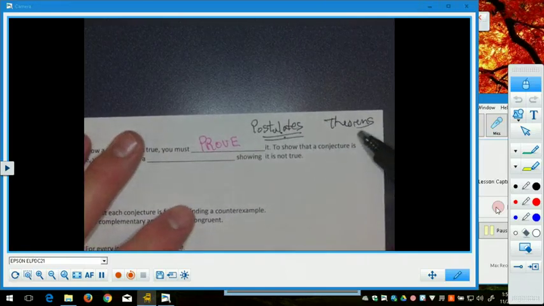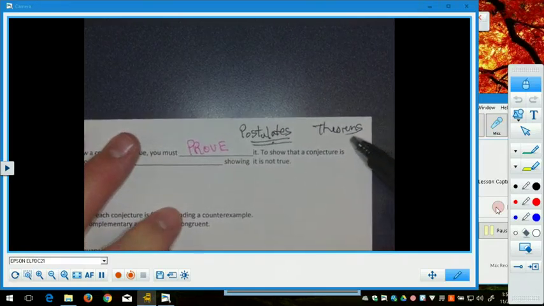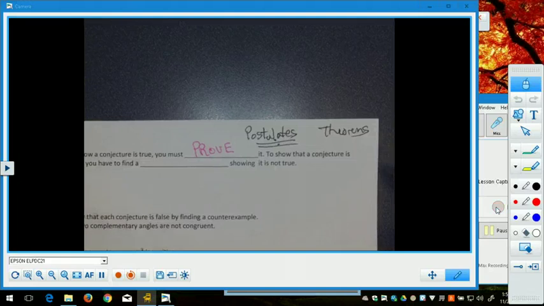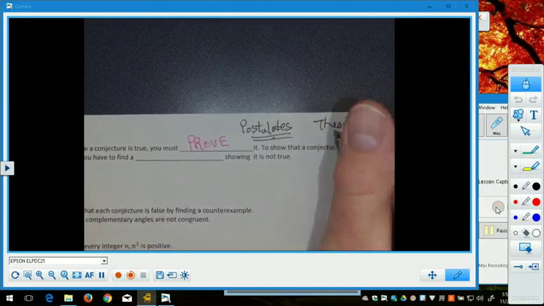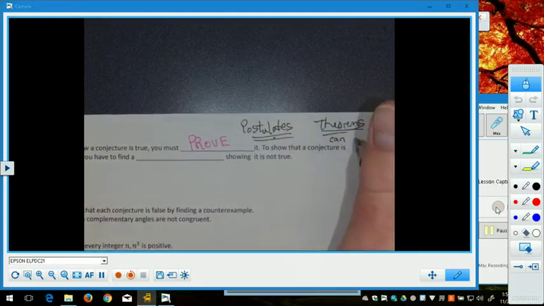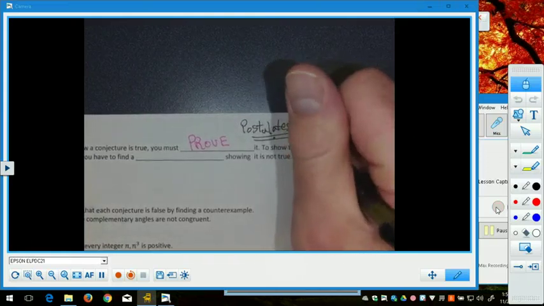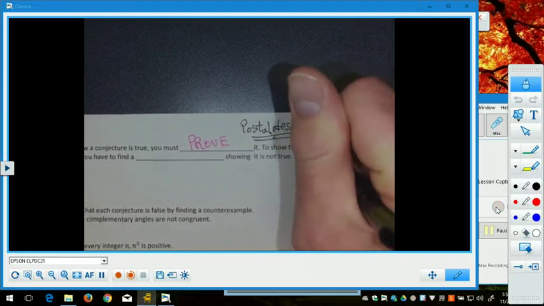If it was something he could prove, it was called a theorem because he could prove that it would always work, no matter where the points were, no matter what the lines were, no matter what the shapes were. So theorems are things that we can prove, and postulates are things that we assume to be true without proof. Assumed true without proof.